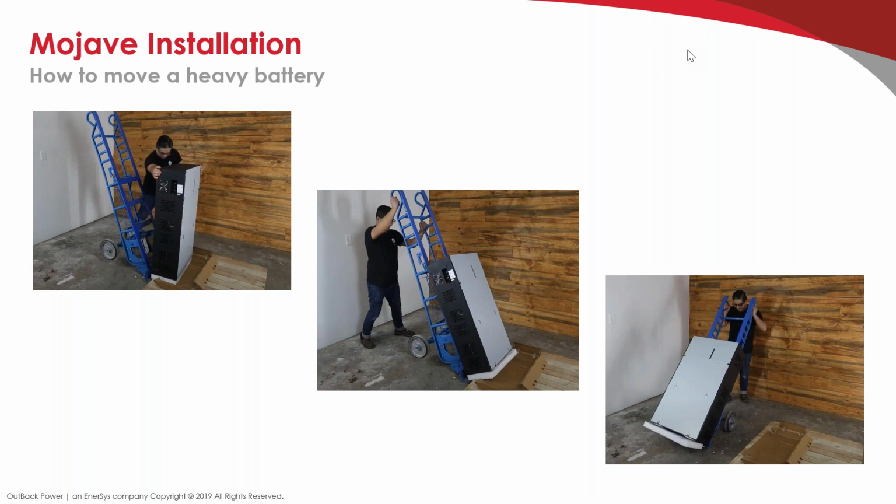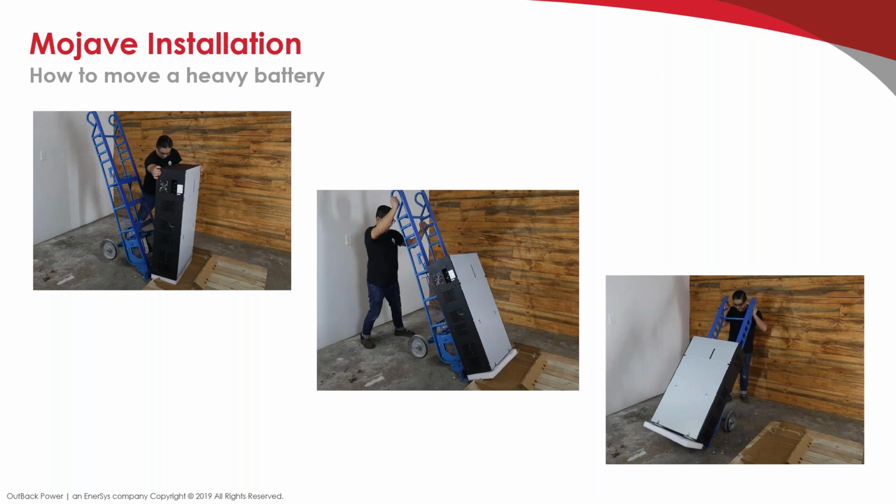What I did here is I grabbed the battery from its back. However, what I would recommend is to do the opposite, to tilt the battery so that the front faces the hand truck. There's a good reason why we don't include the aesthetic front covers: so that when you move the battery up against the wall, you don't damage any of those covers.